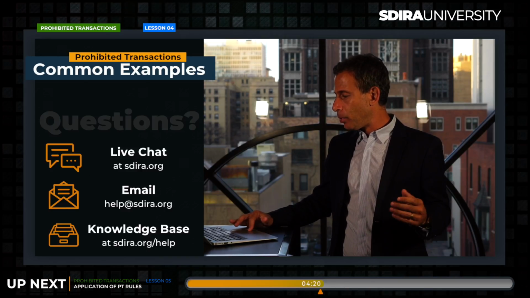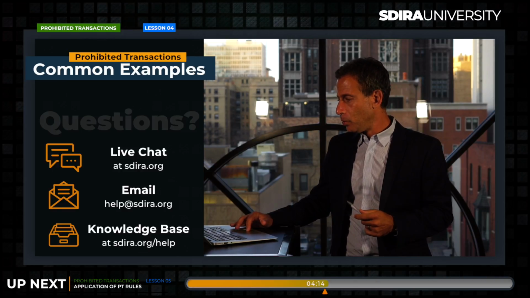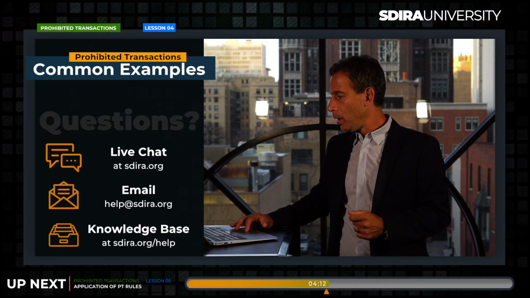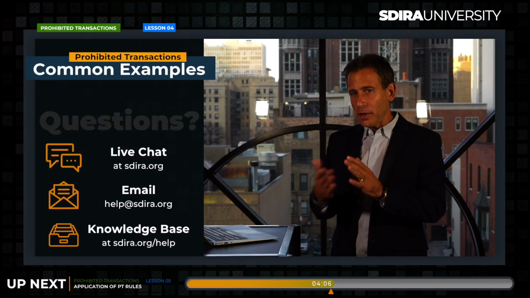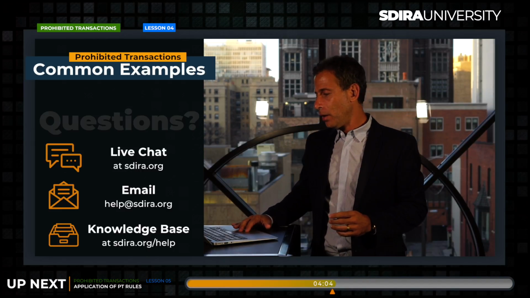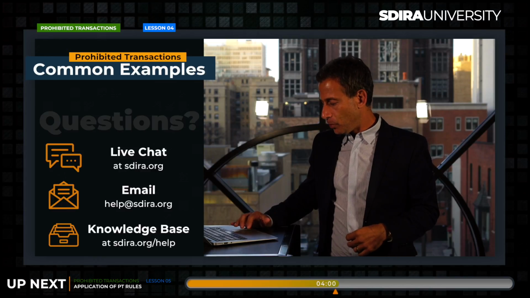Another example, you buy an apartment and you let your child use it. You purchase a vacation home and you stay in it. So stuff like that, where it may not be direct, but it's indirect because that benefit is there on the other side.